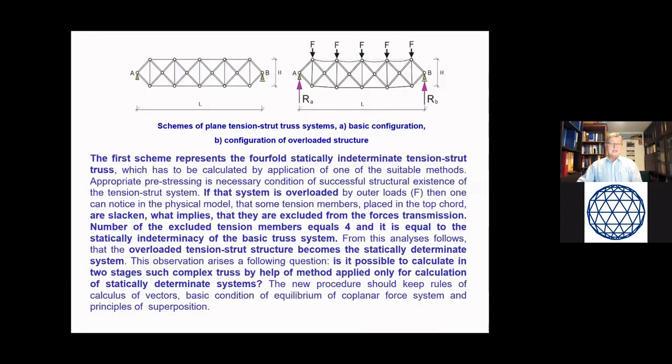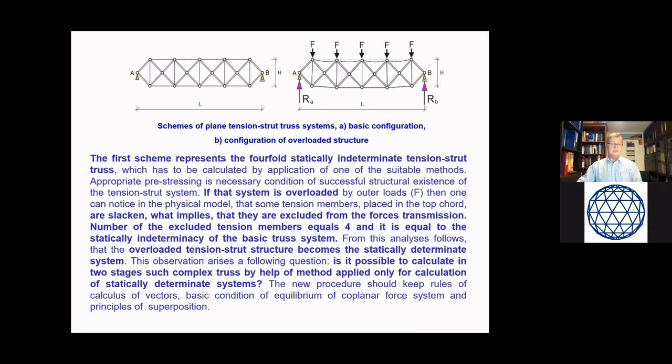The static scheme on the left-hand side of this slide shows a simplified cross-section of the structure, and it represents a fourfold statically indeterminate tension truss. When that system is overloaded, the four members of the top chord are slackened, which implies that they are excluded from the force transmission.